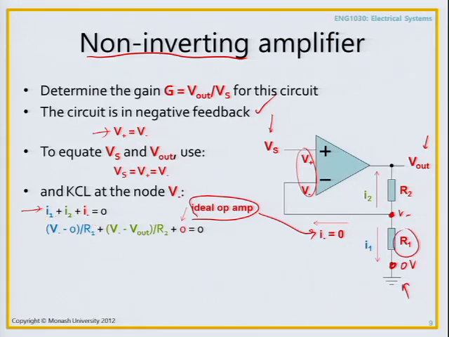That's I1. I2 is V minus, subtract, so I2 here is going upwards, so I2 is V minus, subtract V out, divided by R2. Can we all see that? And because this is equal to 0, we say plus 0, which is I minus, must sum to 0 by Kirchhoff's current law.